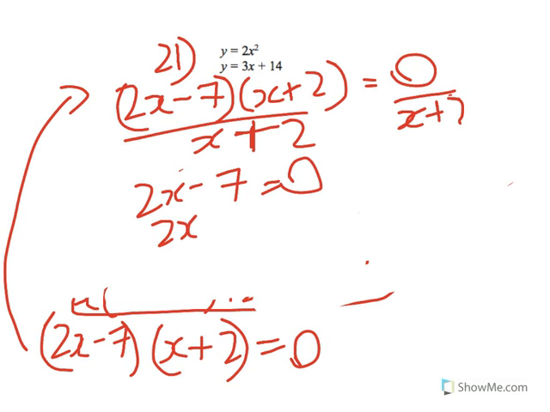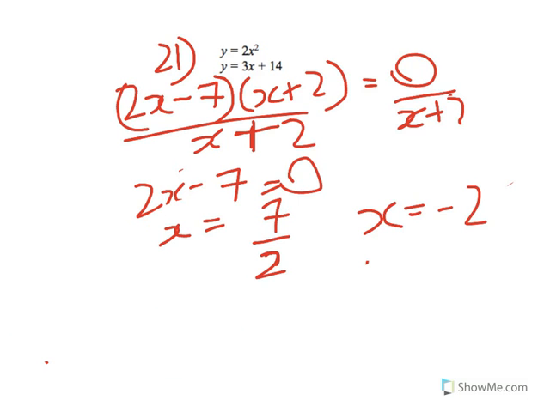So x is equal to 7 over 2. And the same thing will happen if I divide both sides by 2x minus 7. But in this case, x will be equal to negative 2. Alright, so now you have two values of x: x is equal to 7 over 2, and x is equal to negative 2. But now you just need a y value.